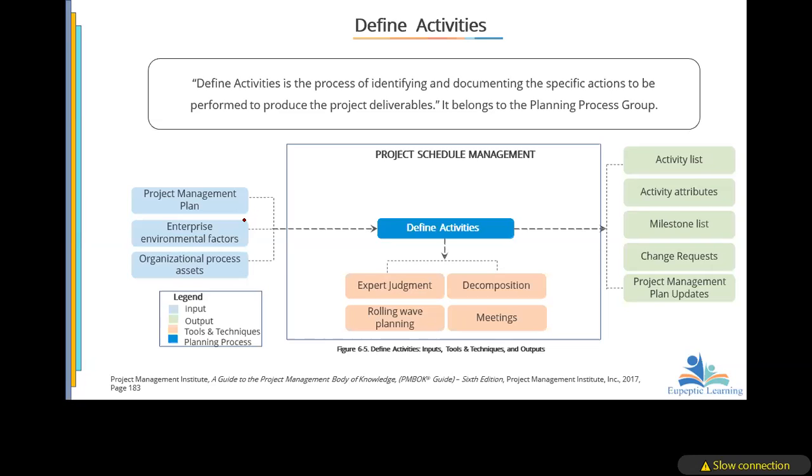It is important for us always to be able to tell what is an enterprise environmental factor and what is a process asset. There are two things that run across the inputs. Typically, OPAs are tangible things. So those are the things that we should look at.